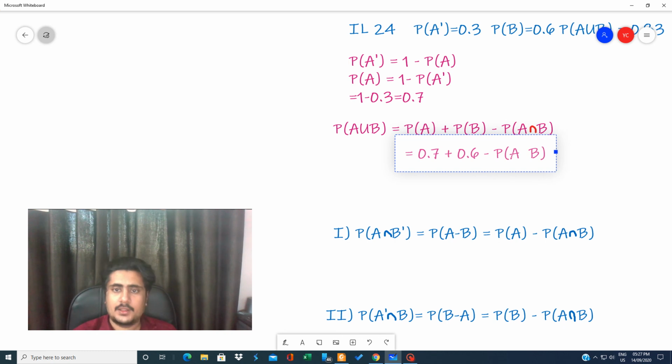And I have the union, so I'll write the value of the union on this side. What is the value of union? You can see it's 0.83.